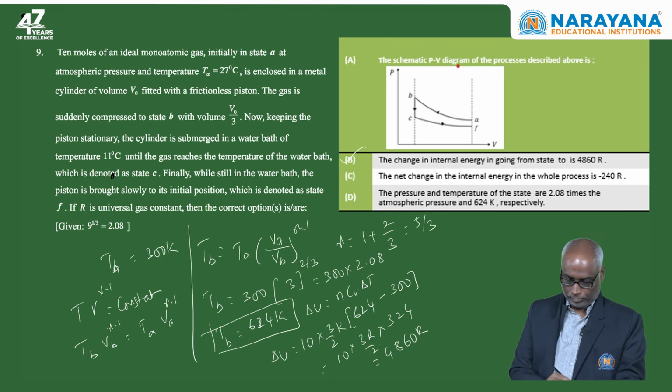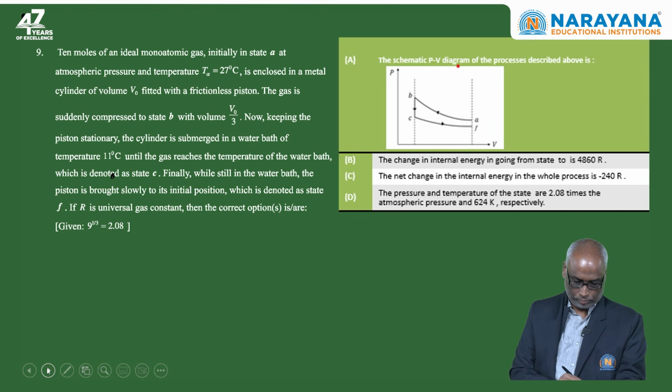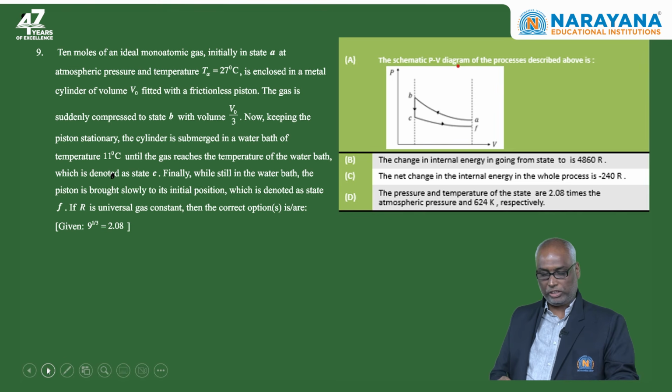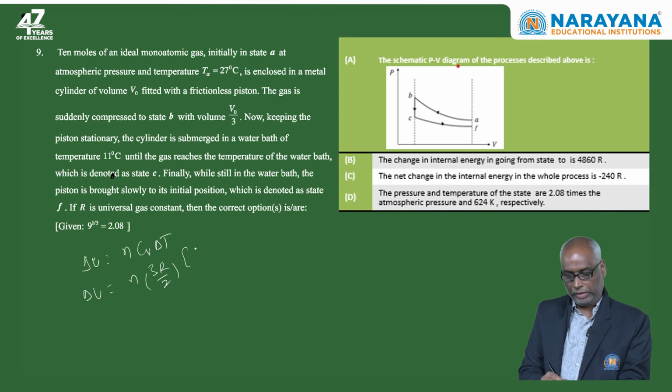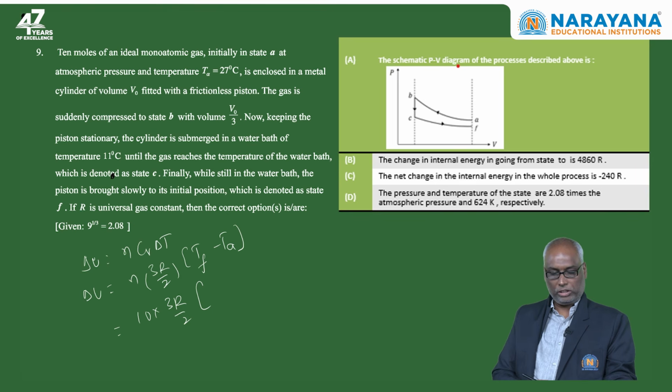Next, option C. Option C says the net change in internal energy in the whole process is. So, the net change in internal energy means again delta U equals n Cv delta T. Delta U equals n, Cv is 3R by 2, delta T is temperature F minus temperature at A. That equals 10 into 3R divided by 2 into the final temperature minus initial temperature.